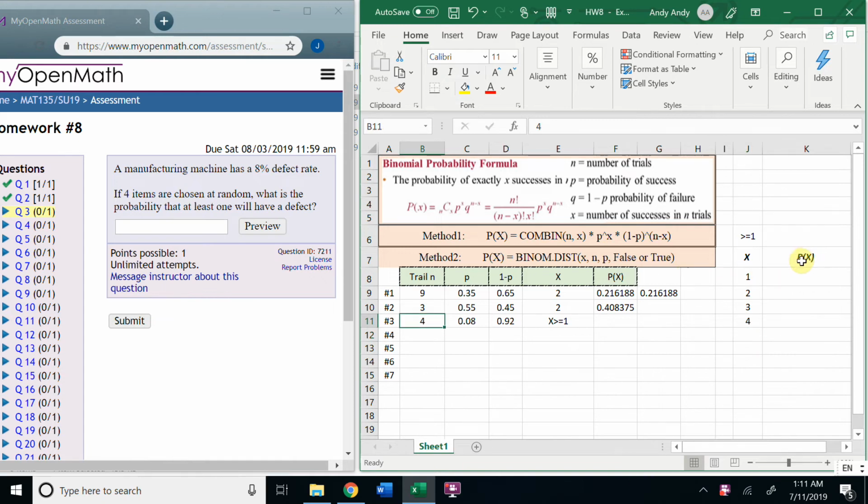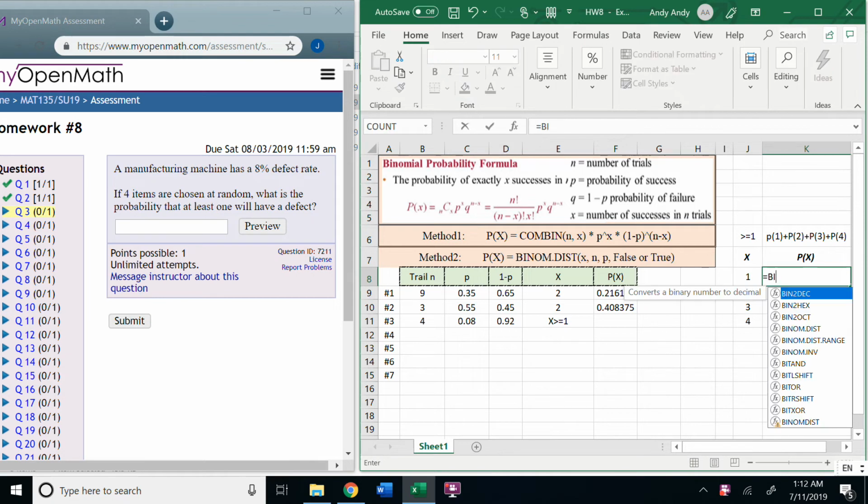Then the probability for greater than or equal to 1 is P1 plus P2 plus P3 plus P4. So we need to compute each one.